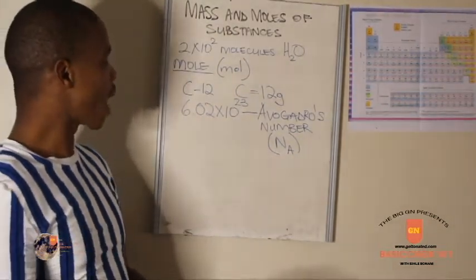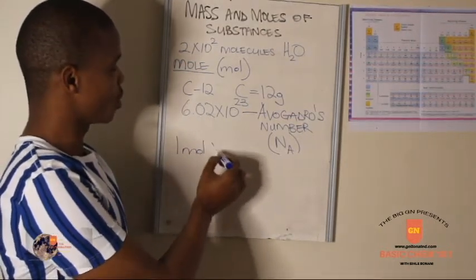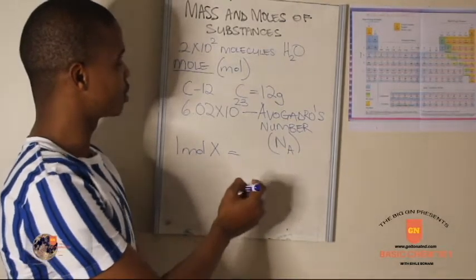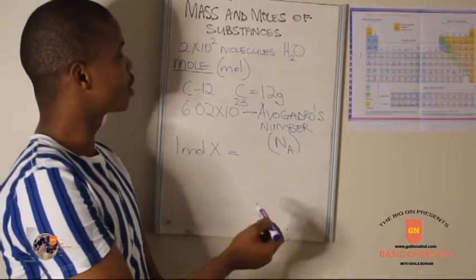So 1 mole of any substance will be equal to the same number of atoms as carbon-12 in 12 grams.